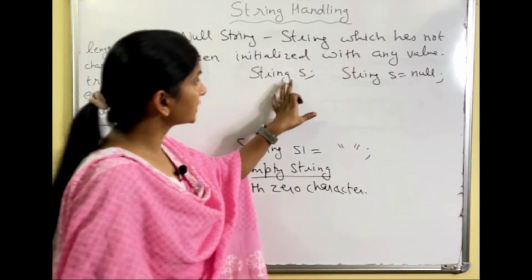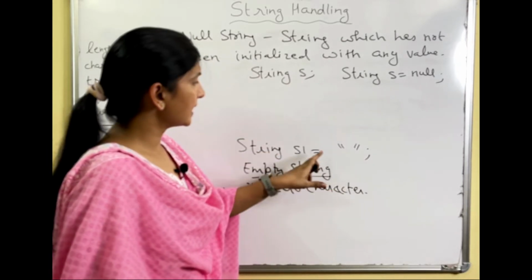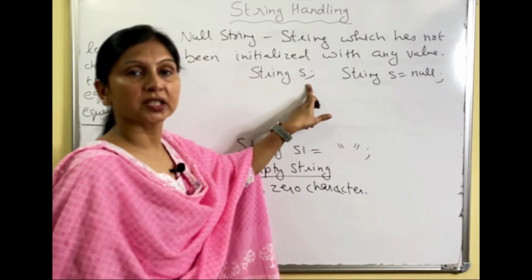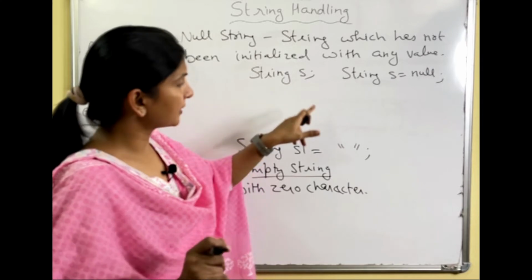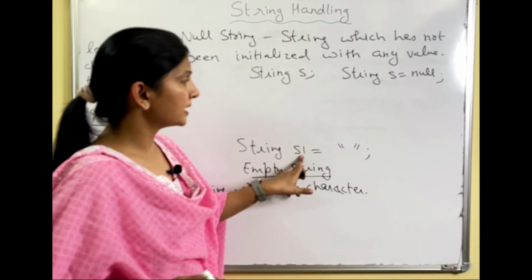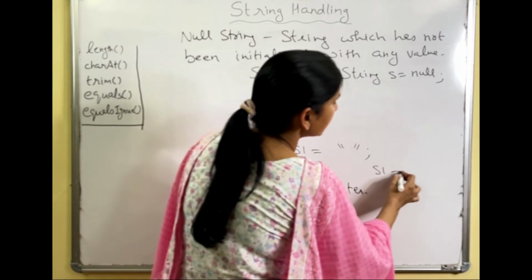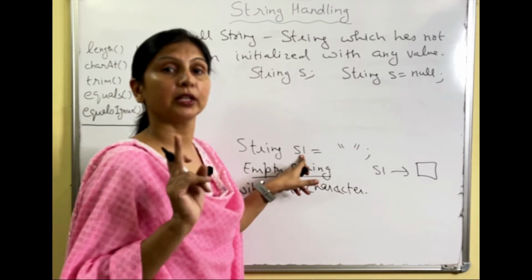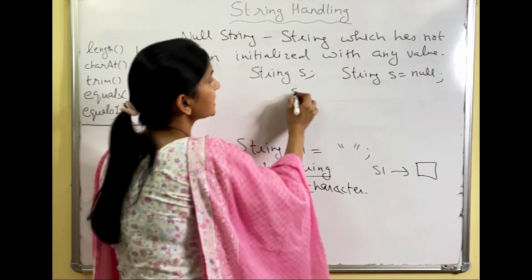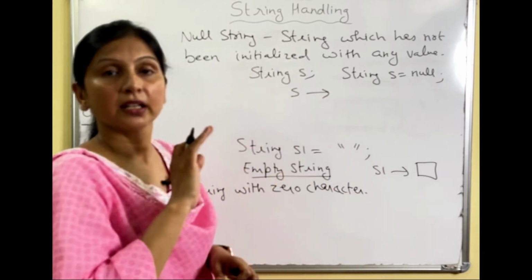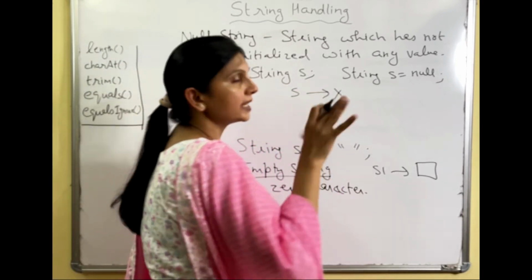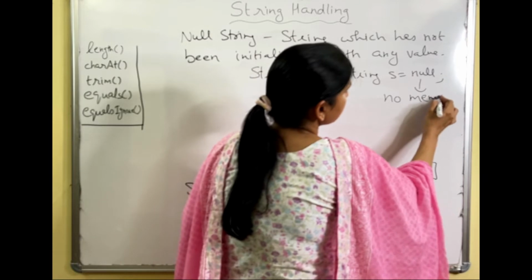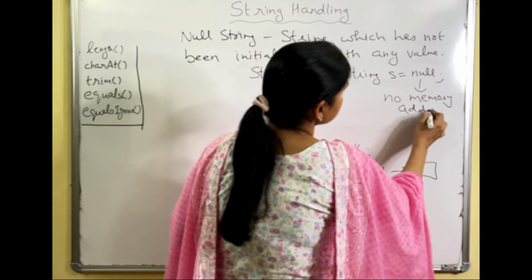So what is the difference between this and this? See, as we have said, all string operations can be performed with an empty string, but no operations can be performed with a null string. One difference. The second difference is S1 is a reference which refers to a memory location with 0 characters, but in this case, S is a reference variable which doesn't refer to any memory location. Null means no memory address. So this is the main difference.